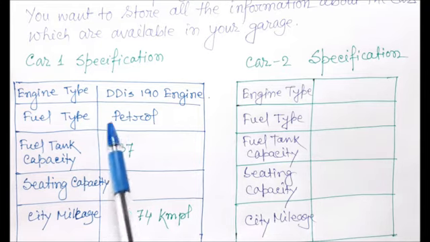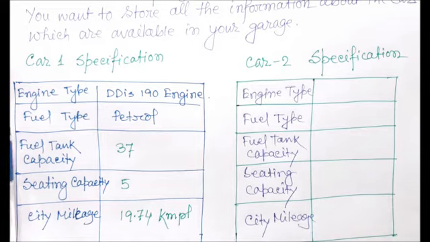If I want to store all this information, we have to take a character array to store the DDIS 190 engine type. We have to take another character array to store petrol, an integer variable for the fuel tank capacity to store 37, an integer variable for the seating capacity 5, and a float variable to store the city mileage 19.74.